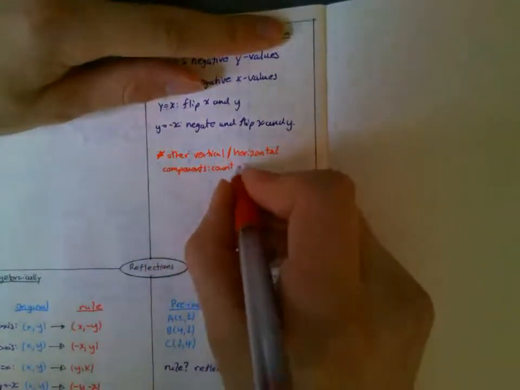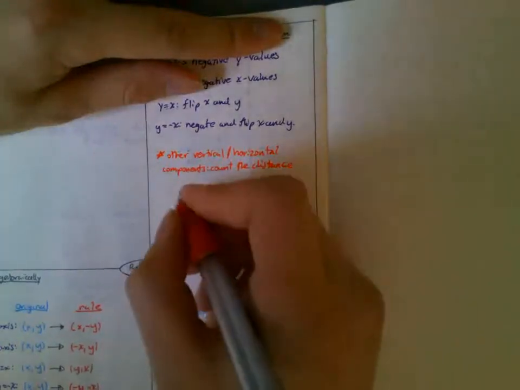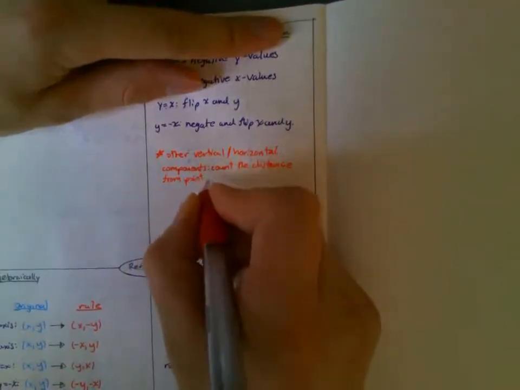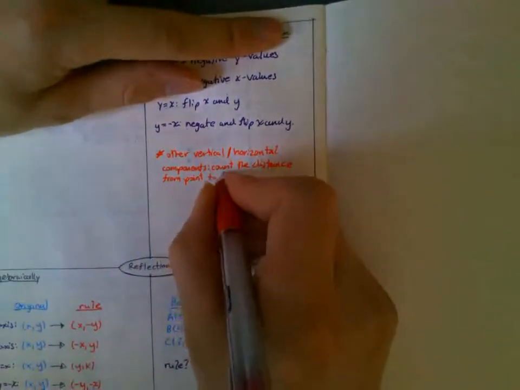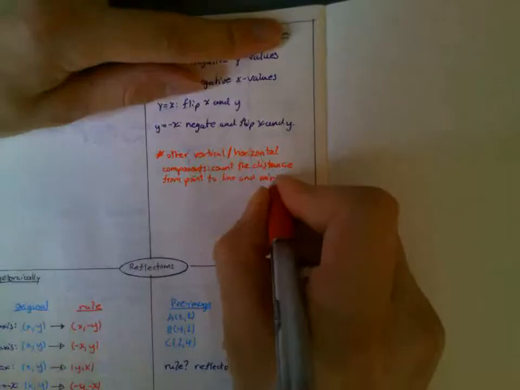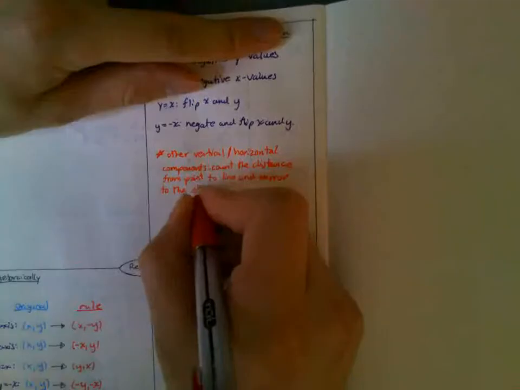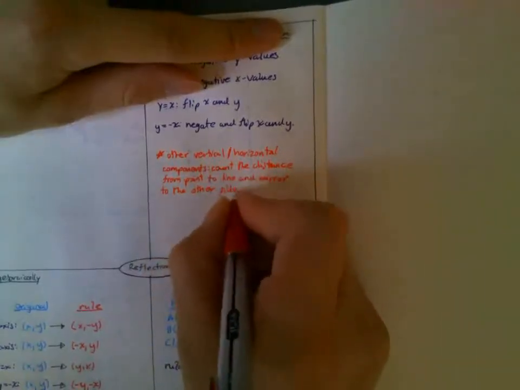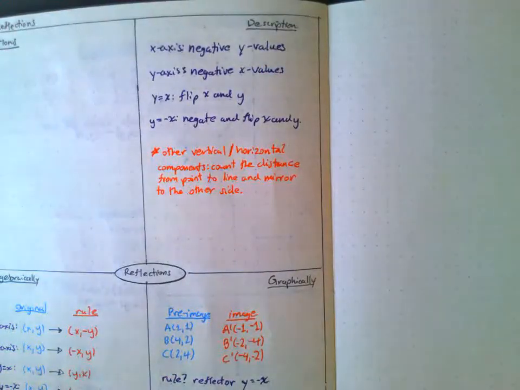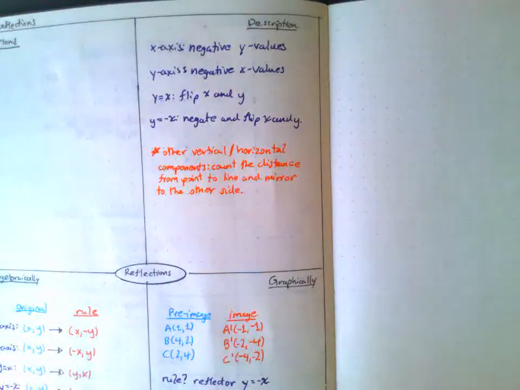You count the distance from the point to the line and mirror it to the other side. Simple as that. So if it was an x value, you're going to count off from that x-valued line to wherever your nearest point is, and then you're going to do the exact same count to the other side.